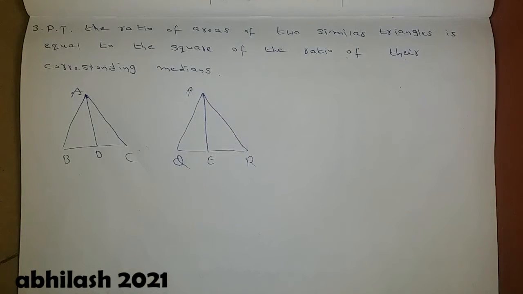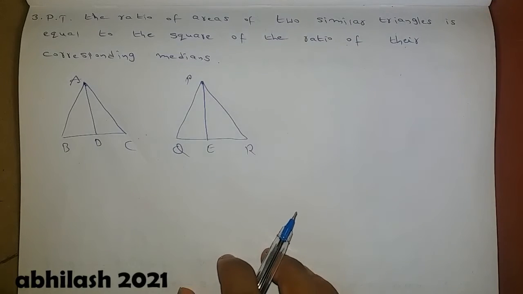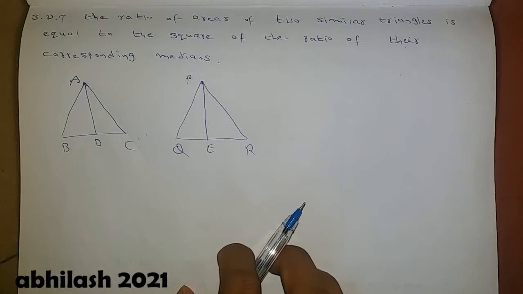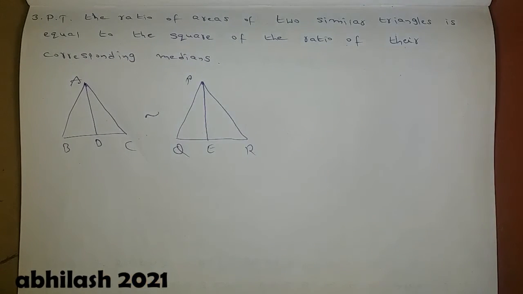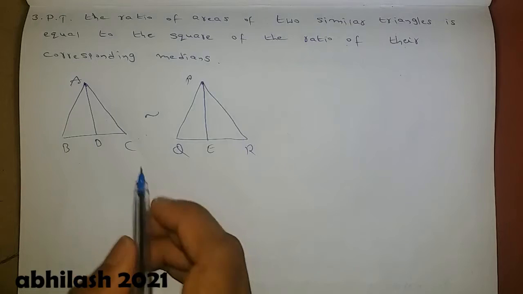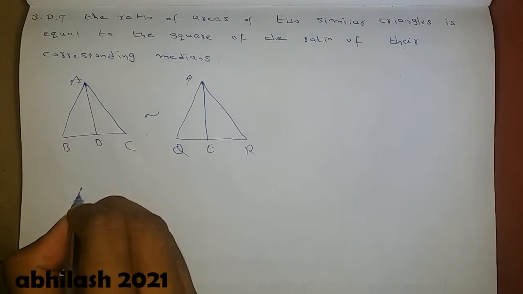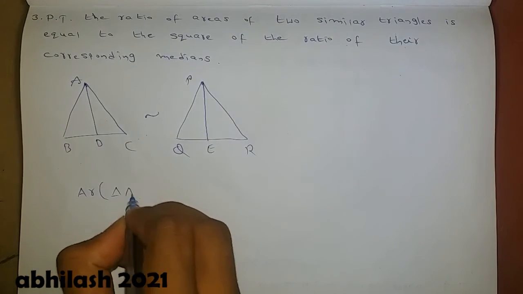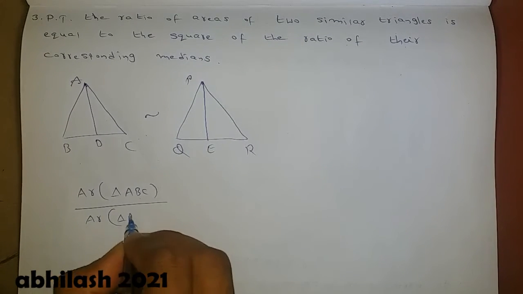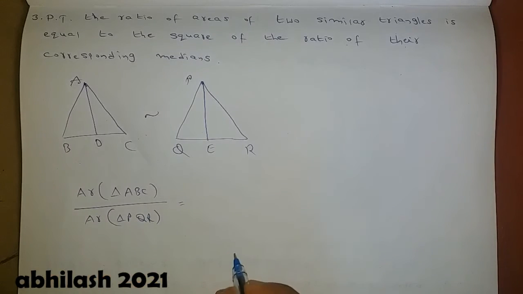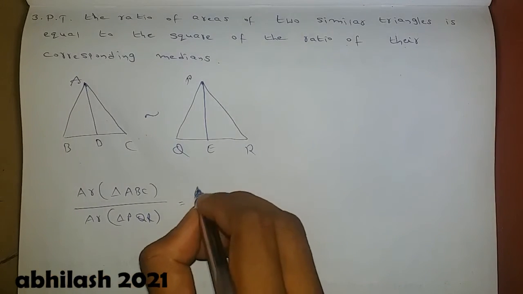So what he is saying then, prove that the ratio of areas of two similar triangles. Already we know these two triangles are similar to each other. Now, if two triangles are similar to each other, so area of the first triangle ABC divided by area of the second triangle, that is PQR, is equals to squares of the corresponding sides.